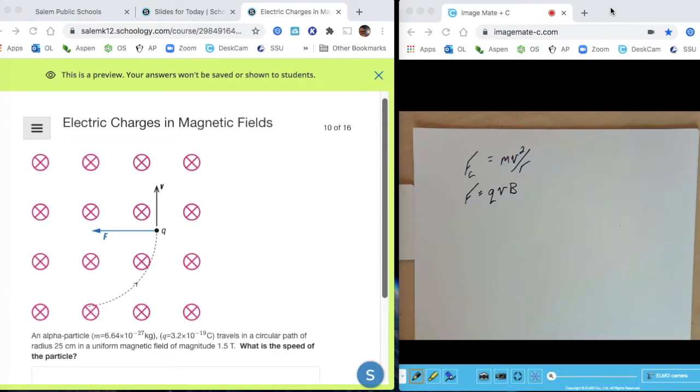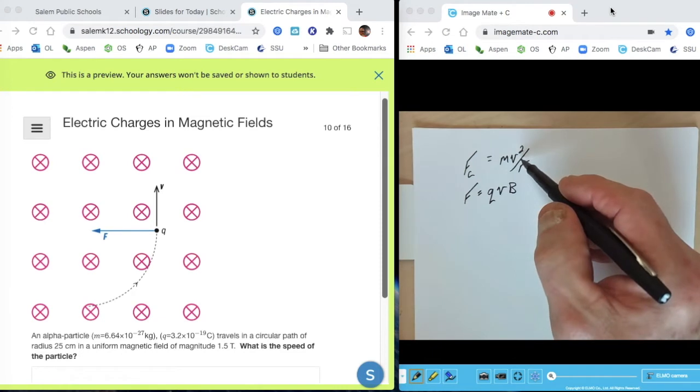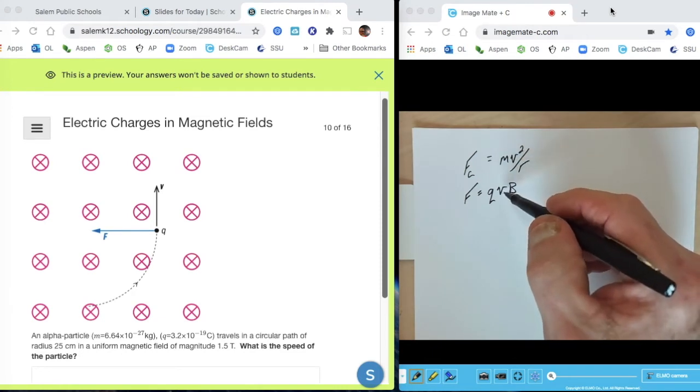The picture I'm looking at here shows a particle traveling in a B field, and it's being pushed into circular motion because the force is always perpendicular to its velocity. As we spoke about the other day, that results in a central force, a force toward the center of a circle, right? So there is a centripetal force, and it's caused by and equal to Q times V times B.